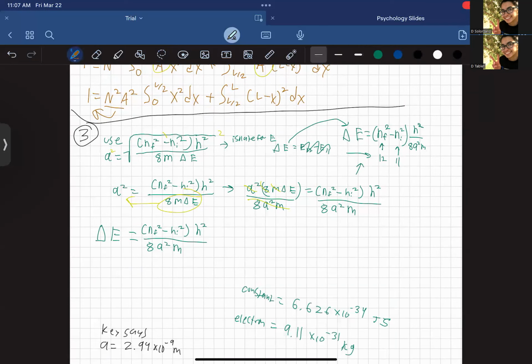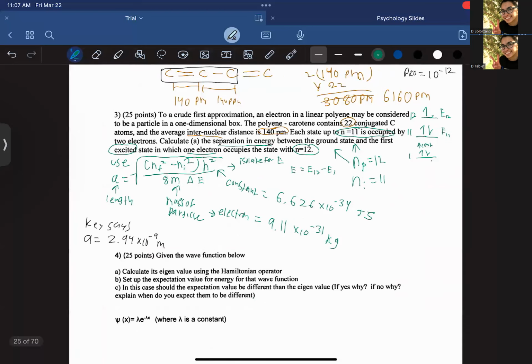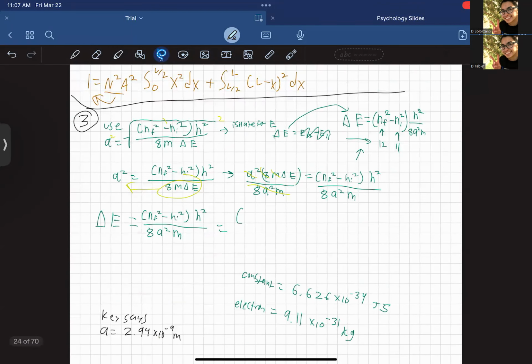So anyway, from here we go ahead and plug stuff in, with F being, oh yeah, we also have that over here, 12 squared minus 11 squared.